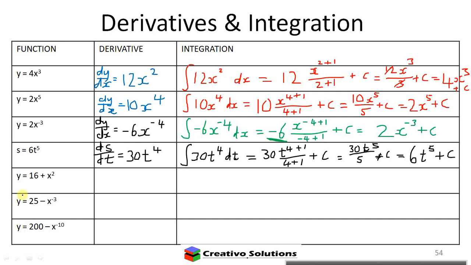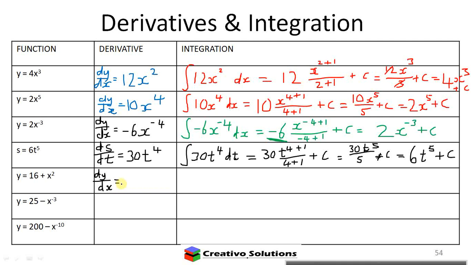Okay, what happens if you have this? Okay, it's a little bit different now. What happens if you have a 16? Let me just complete this so I can concentrate. Okay, well, let's first do the derivative, hey? So, dy over dx.